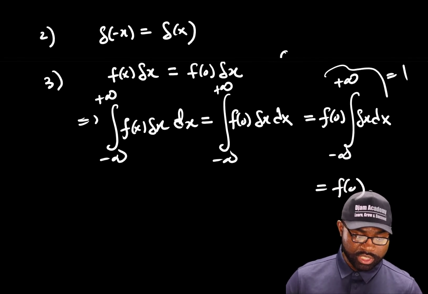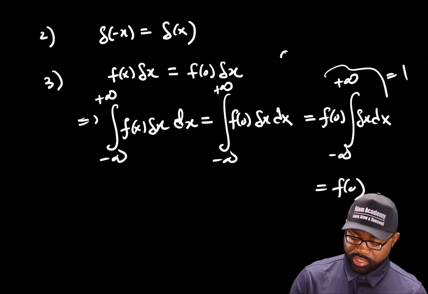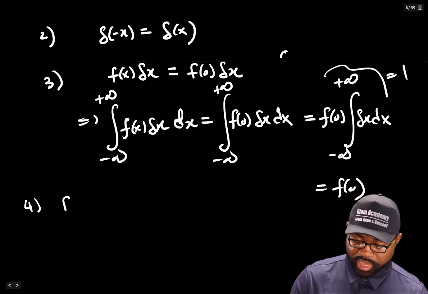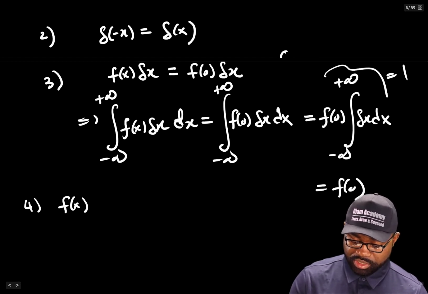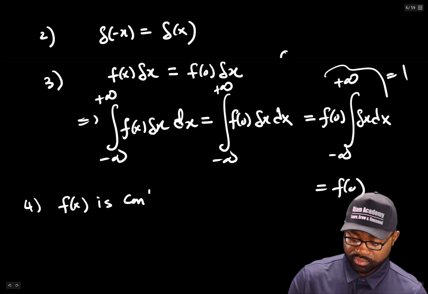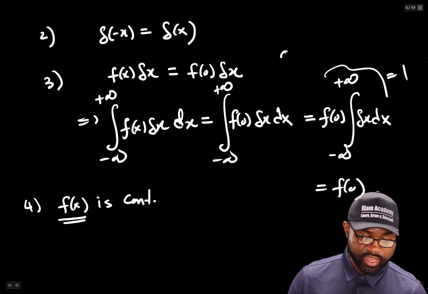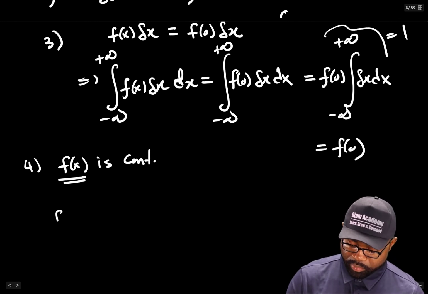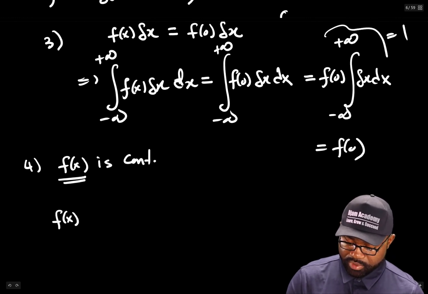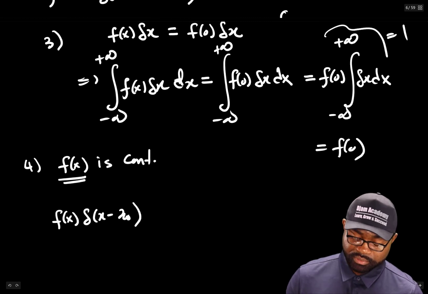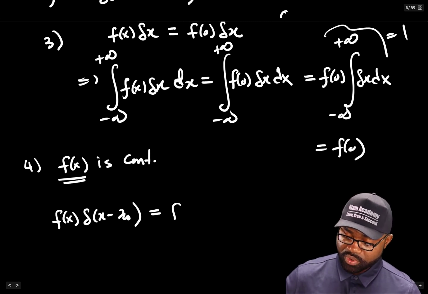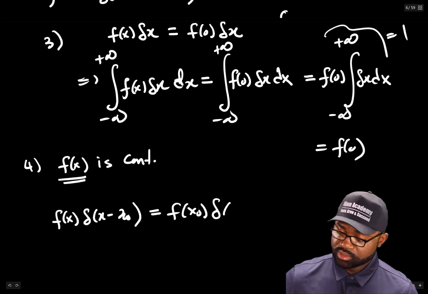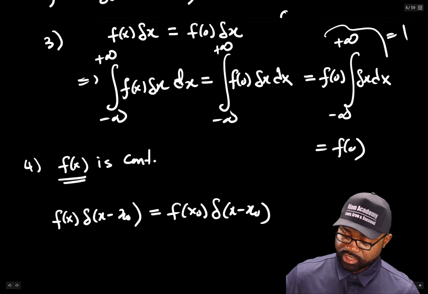The next property that you need to bear in mind is the fourth property: if f(x) is continuous, then f(x) δ(x - x0) will be equal to f(x0) δ(x - x0).